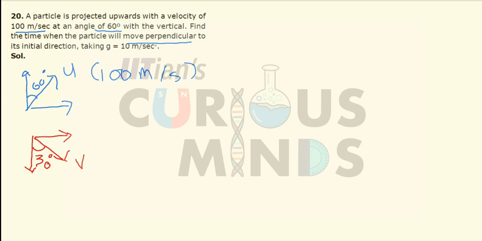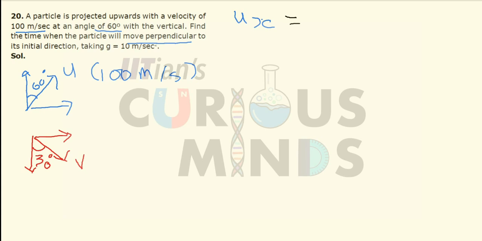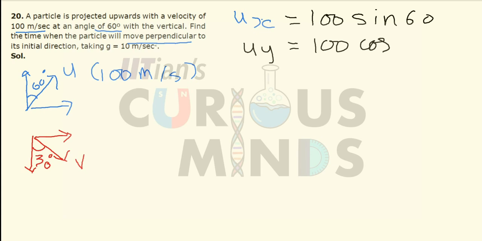So the initial velocity of the particle along the x direction, which always remains constant, will be equal to 100 sine 60, and the velocity of the particle along the y direction will be uy, which will be equal to 100 cos 60.